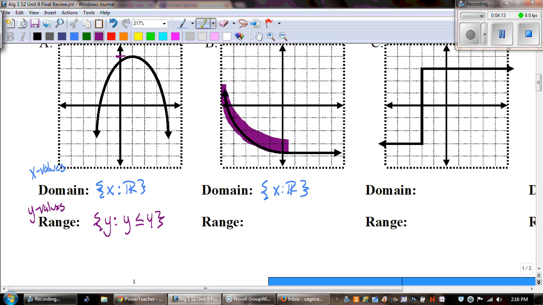I see that it goes up and up forever, but it never gets to what number? It looks like it gets really close, but it never quite touches -4. That's right. So we would say that when we're talking about the variable y, that y is greater than -4. It's not equal to -4, but it gets pretty close.